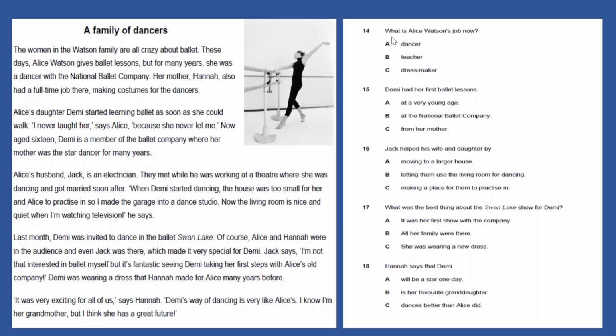For example, it says, what is Alice Watson's job now? They are going to read the text and decide if now Alice is a dancer, teacher, or a dressmaker. If you read the text, you will find out that she is a teacher.